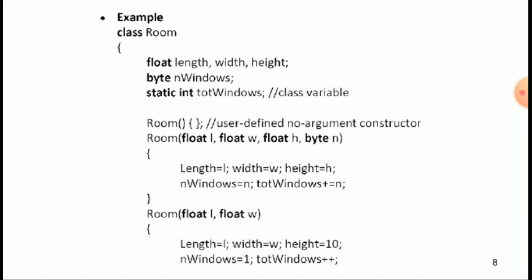And next is an example of inheritance. Example, class Room { float length, width and height; byte numberOfWindows; static int totalWindows; that is a class variable.